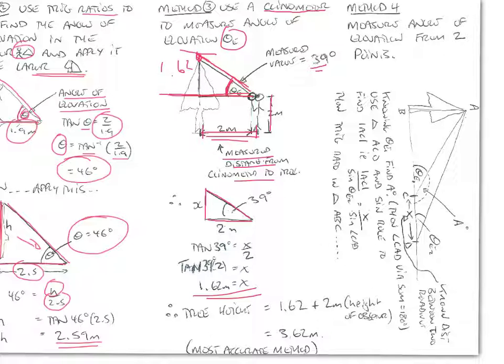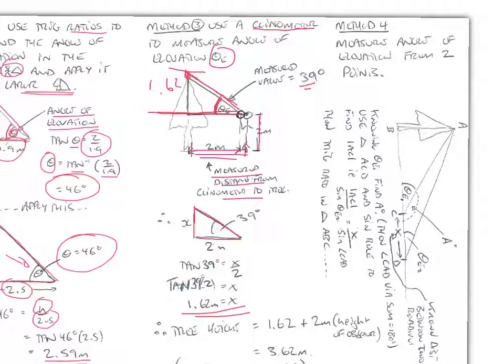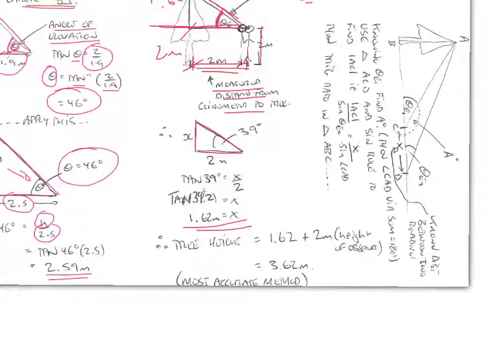And so the tree height itself must be 1.62 plus this extra 2 meters here, which is the height of the observer. That's 3.62 meters, and that's the most accurate method to find the height of an object.